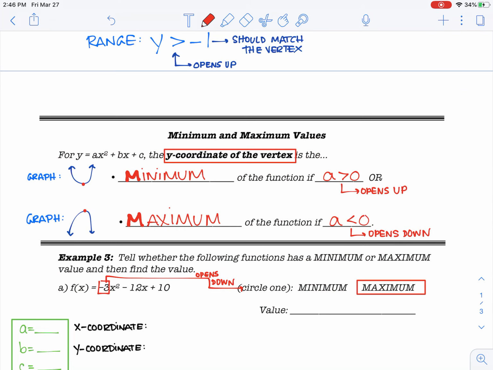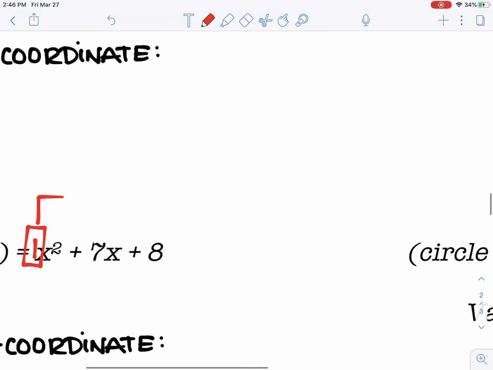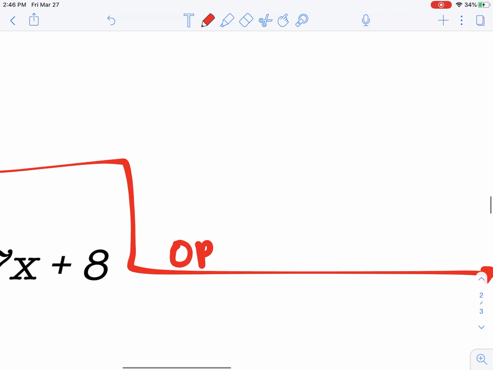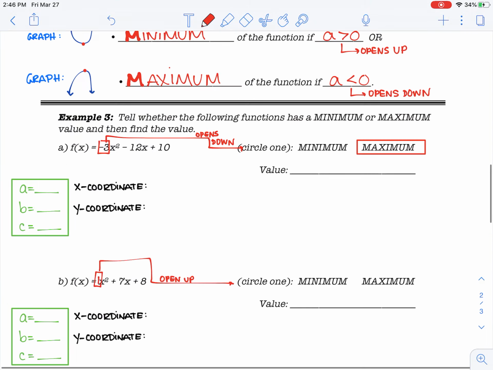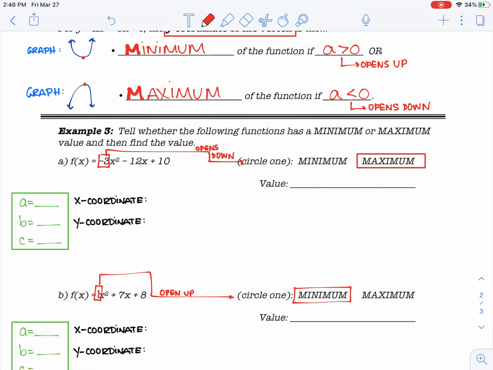Sometimes it seems backward that down means max. If you ever forget, just draw a quick sketch of it so that you have it. Similarly, we know that this one's going to open up, thus part B would have a minimum. That should be the quick and easy part.